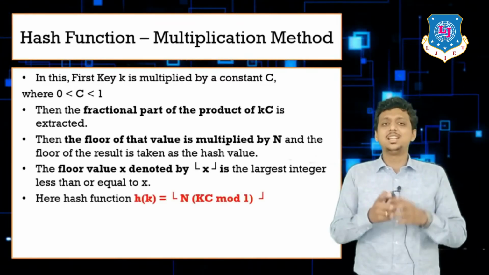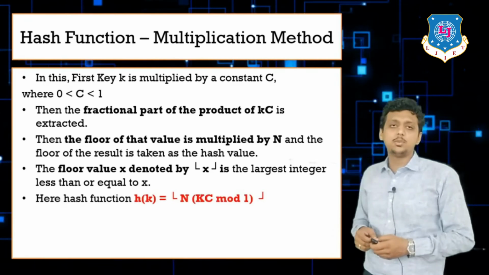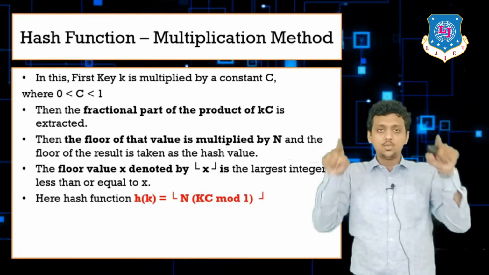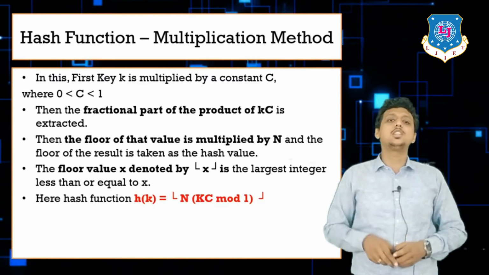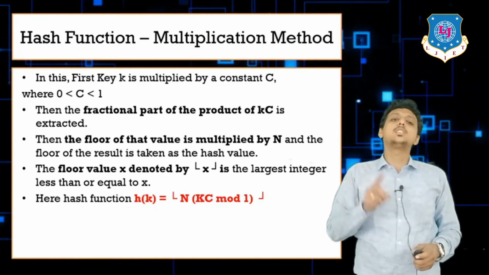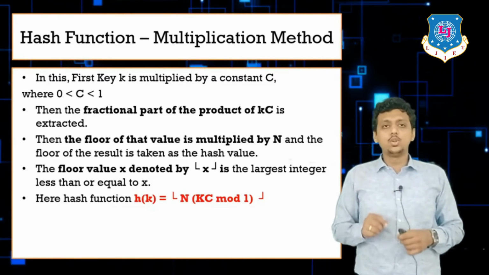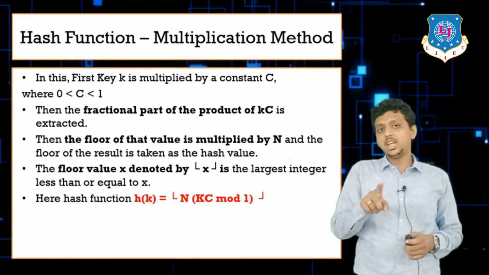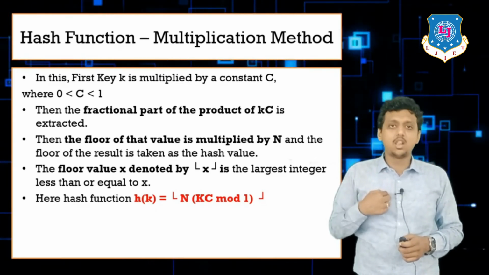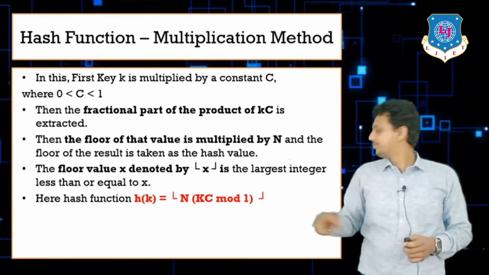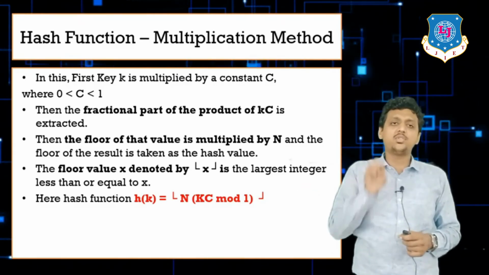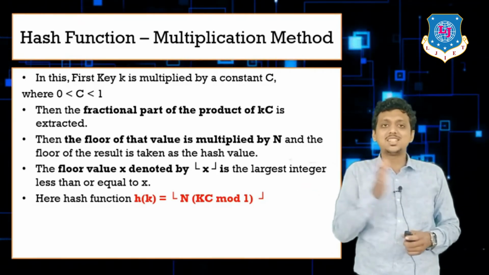So how do we do that? Let's see. First check the formula for the multiplication method. The formula is floor of n into kc mod 1. Here c is a constant whose value is already given, k is the value that we want to insert, and mod 1 extracts the fractional part, that means the decimal part.